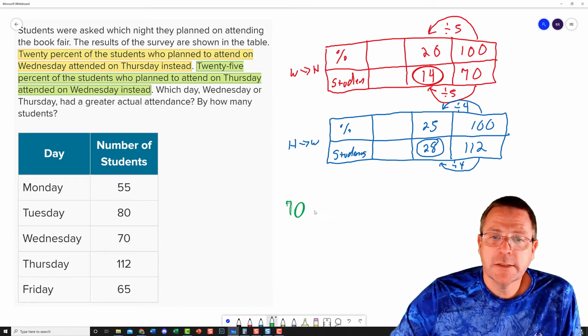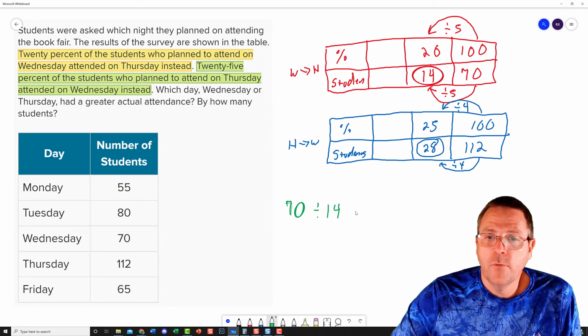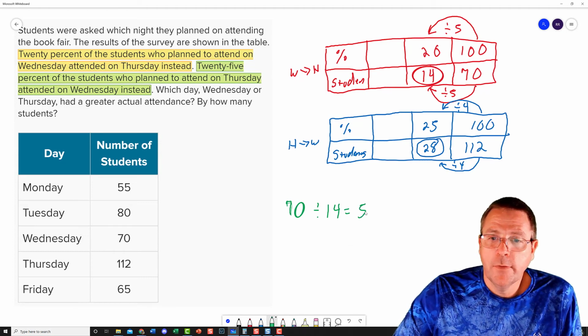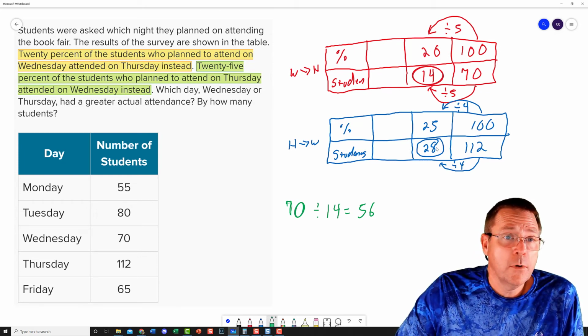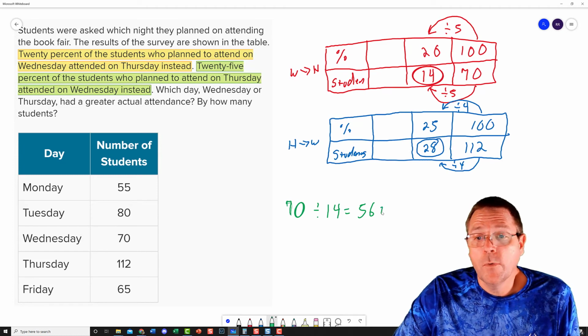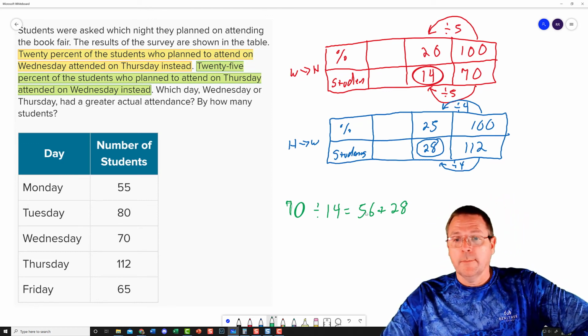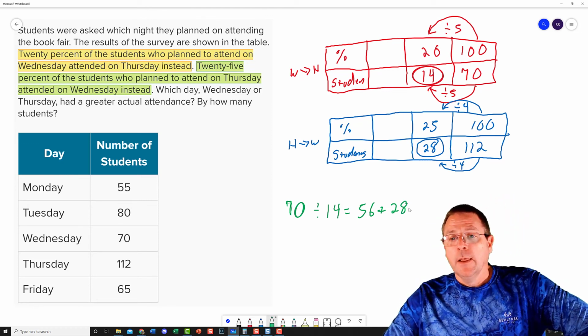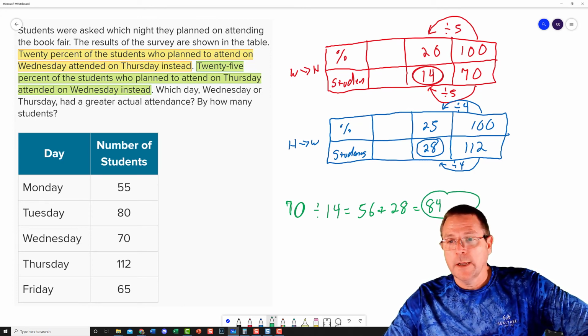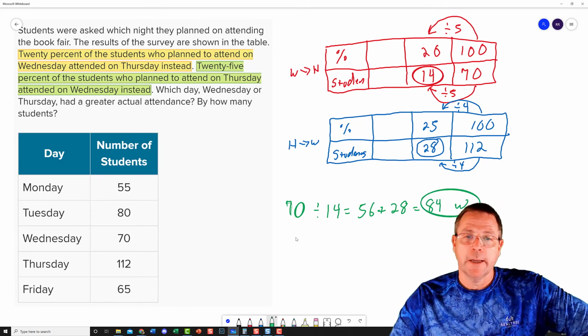So we're going to take that 70 and subtract the 14 that decided to go on Thursday, and that is going to leave me with 56 kids. Next, we have 28 kids that were going to go on Thursday that decided to go on Wednesday. So we're going to add 28 there, and now we can say that our new Wednesday total is 84 people showed up on Wednesday. And I'm going to put a big old W here for Wednesday.